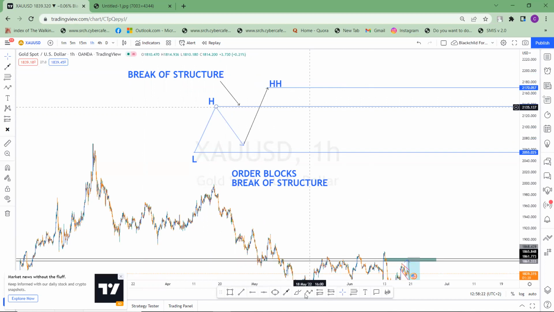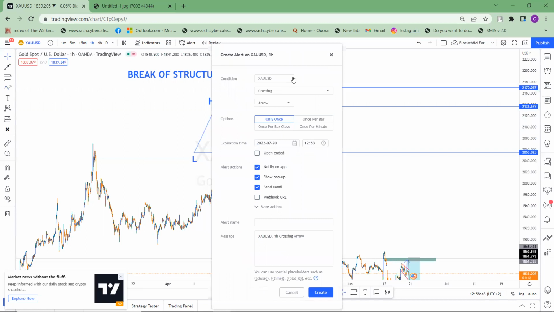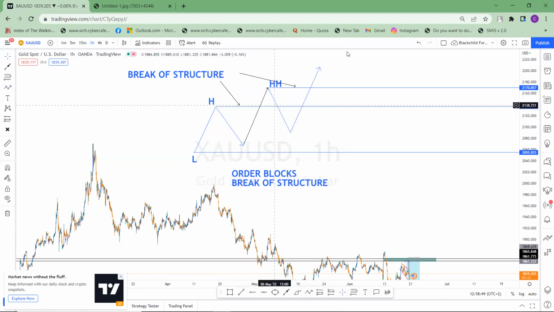Let me give you another example whereby this price is going to come down and reverse somewhere and then go again. It's still telling me the same thing, that this structure has now been broken. It's now a break of structure, and price is still willing to sell higher and higher.